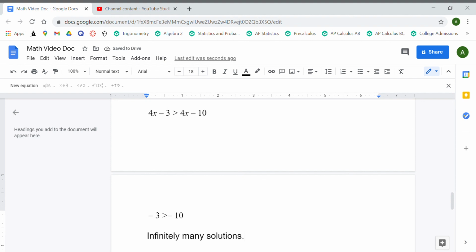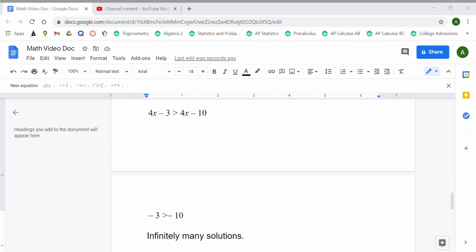Alright, now before we go, I'm going to show you what the graph of both of those scenarios look like. So, if you take a look here, notice that I don't have a circle and nothing shaded.